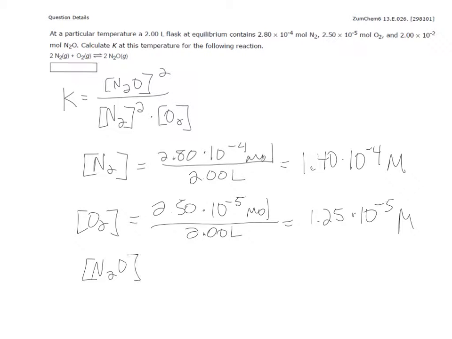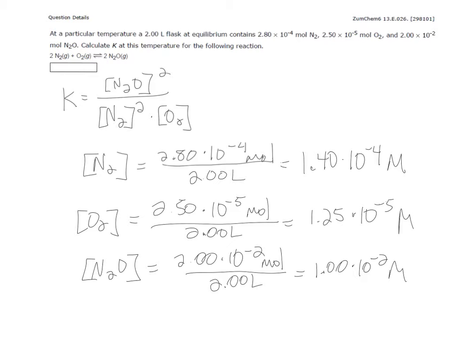And for N2O, they gave us 2 times 10 to the negative second moles, and we'll divide that by 2 liters and arrive at 1 times 10 to the negative second molar.